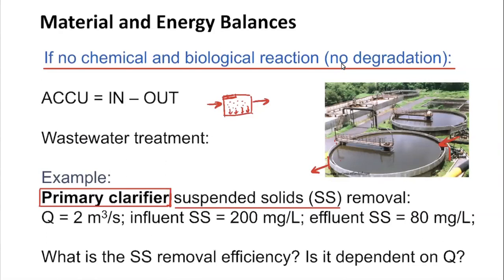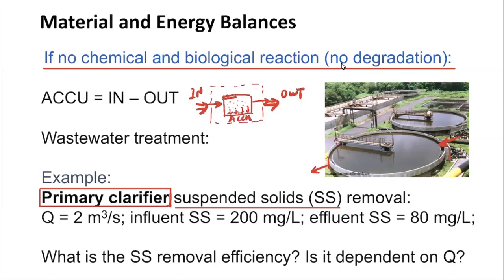Within this primary clarifier, we can build a control volume. We have an inflow of the suspended solids, an outflow of the SS, and accumulation of the SS.